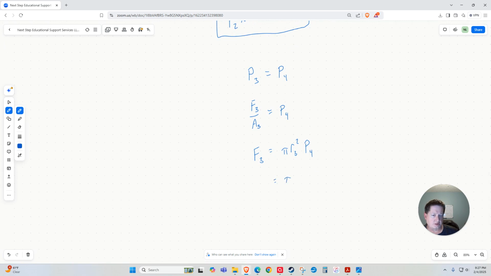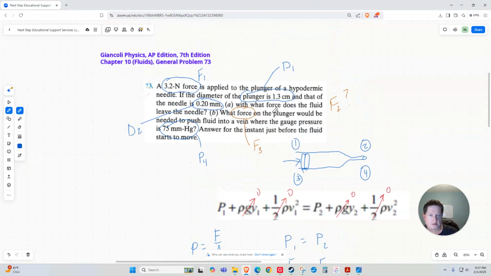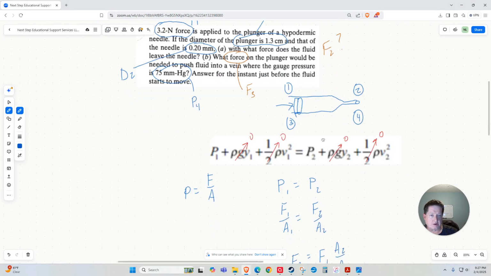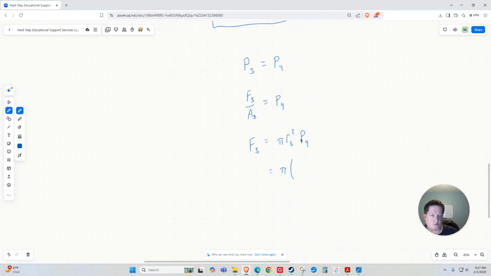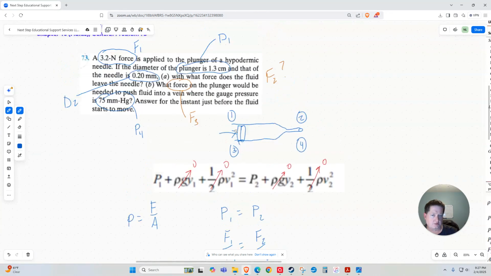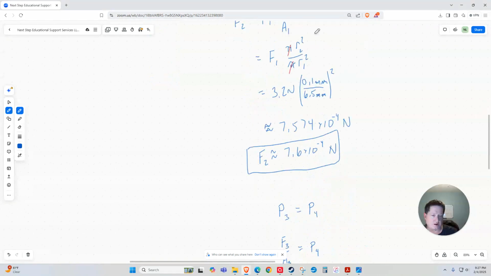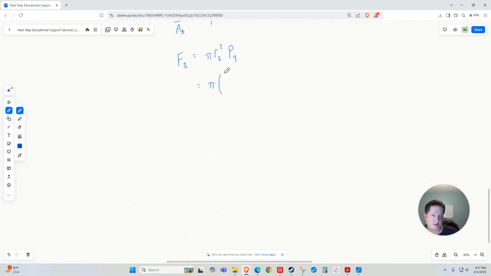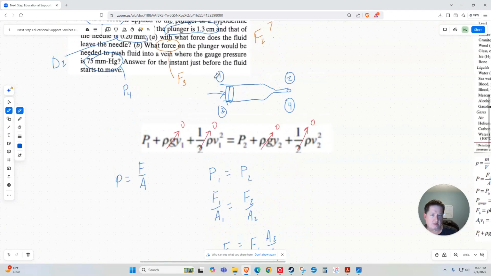Go ahead and put our numbers in. The radius at 3, that is the plunger again, which is the 0.065 centimeters. Now in this case, we're working with a pressure. That pressure is in millimeters of mercury, so it's going to be easiest to probably go to pascals, which is SI. So instead of going to millimeters this time, and we don't have a ratio of lengths here, I actually need to calculate this area.